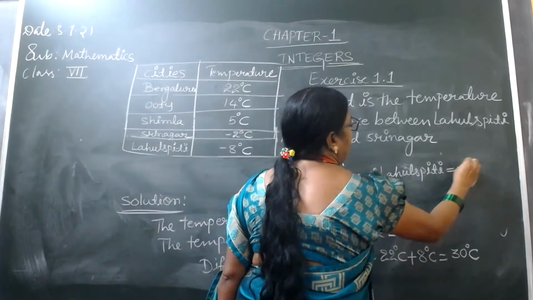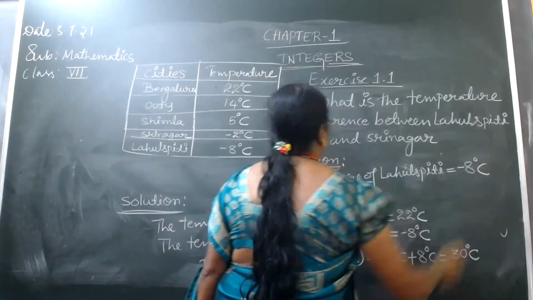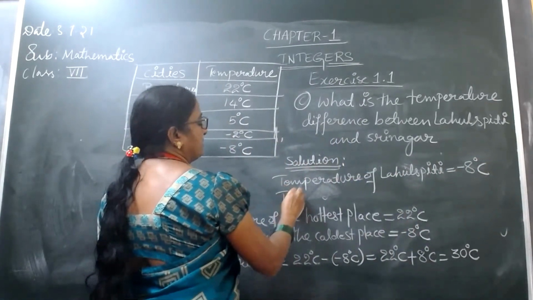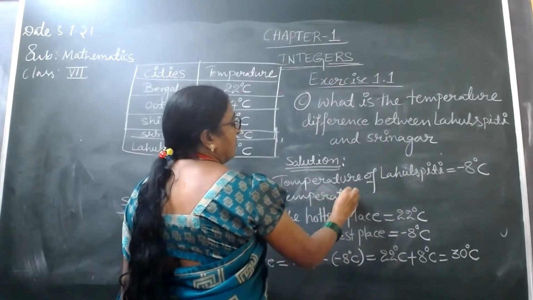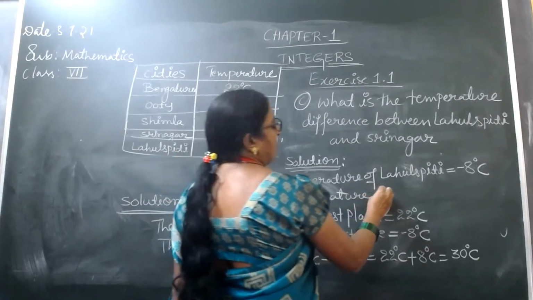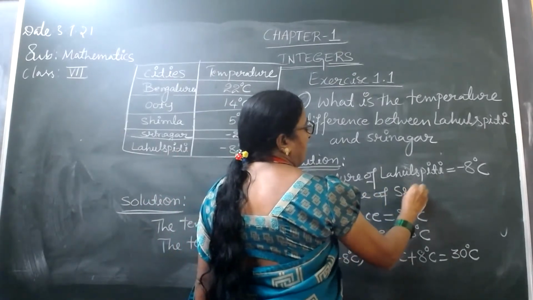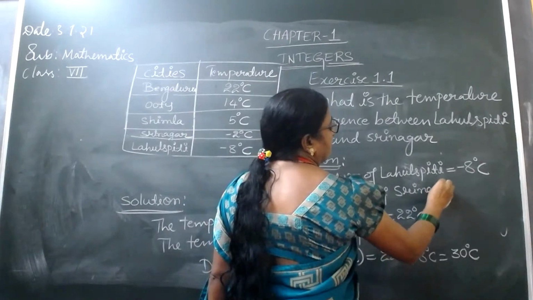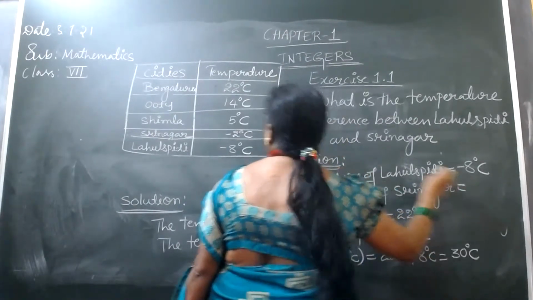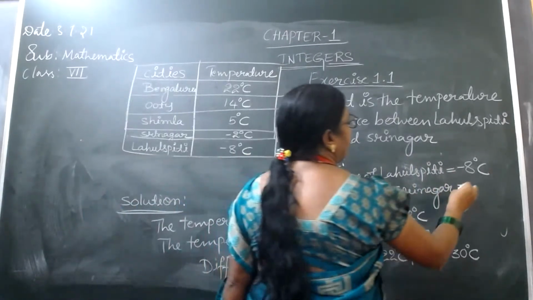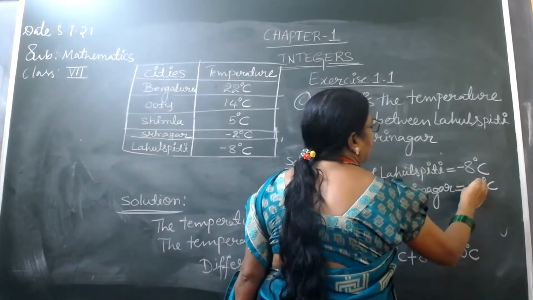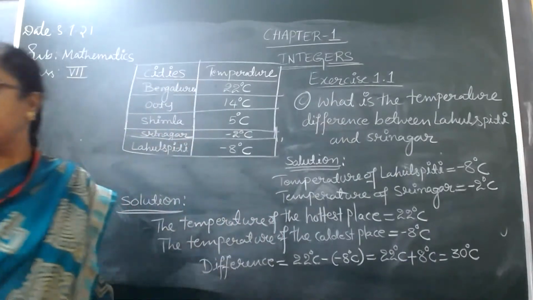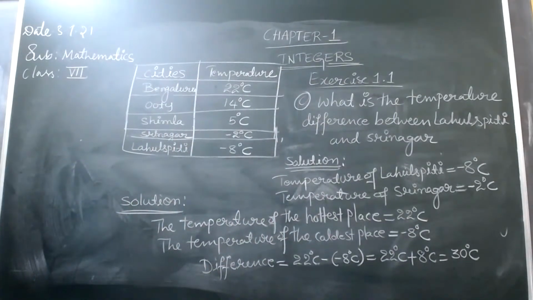Minus 8 degrees Celsius. And the temperature of Srinagar, how much is that? Minus 2 degrees Celsius. They say to find the difference.